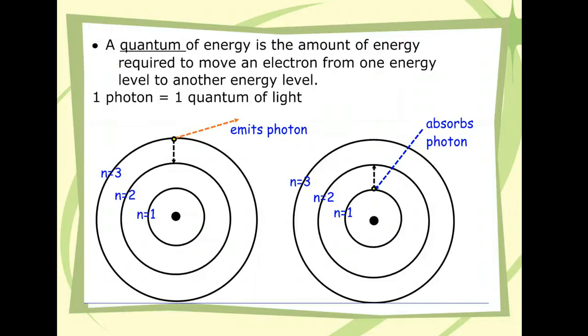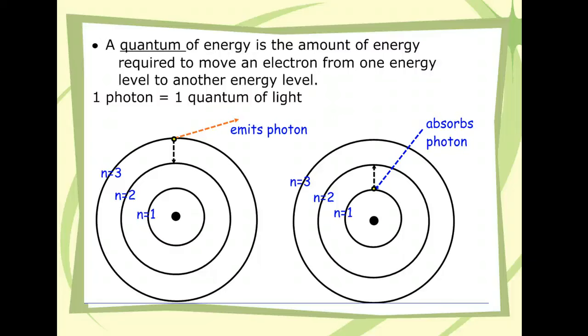Now the amount of energy it takes to move an electron is called a quantum of energy. It's the amount of energy required to move an electron from one energy level to another energy level. So you may have heard of quantum mechanics or quantum physics. That has to deal with little packets of energy.